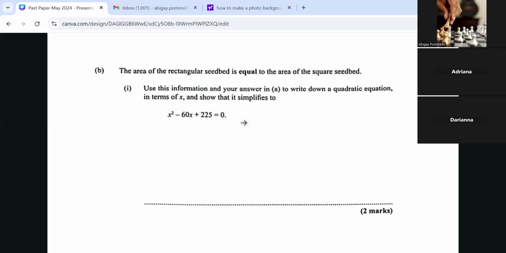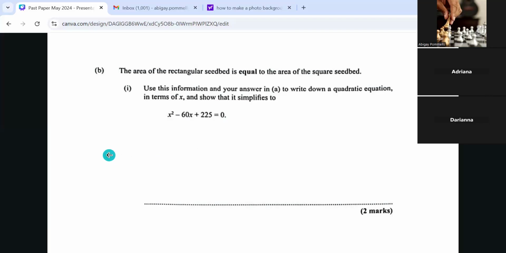Use this information and your answer in A to write down an equation in terms of x and show that it simplifies to x squared minus 60x plus 225 equals 0. All right, so first thing first, rectangle.